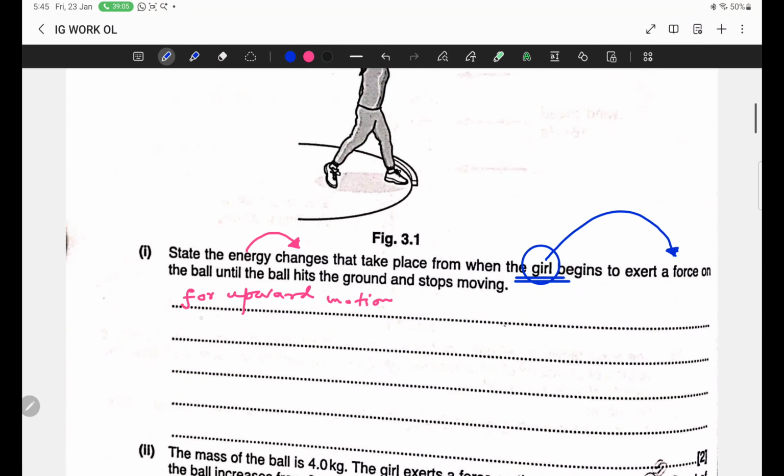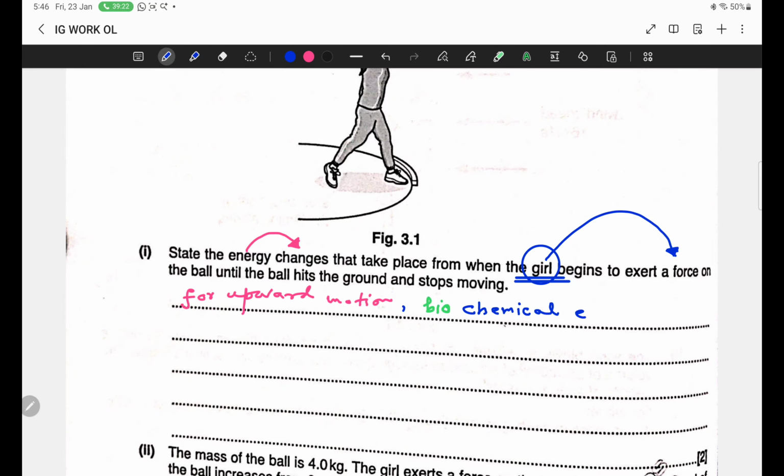So I am starting this for upward motion. Although in the marking scheme the term bio is not used, they start directly with chemical energy, but I think this should be biochemical energy.